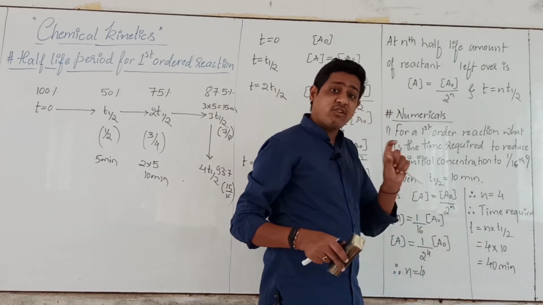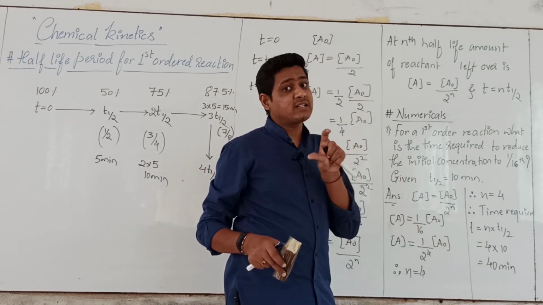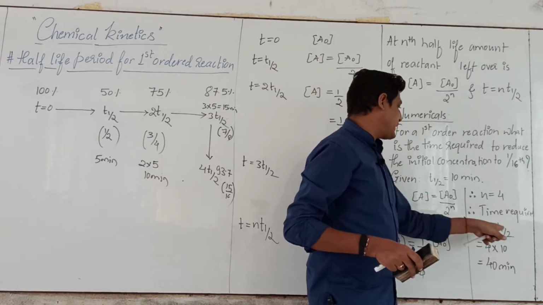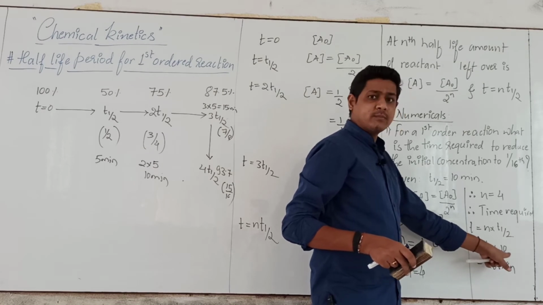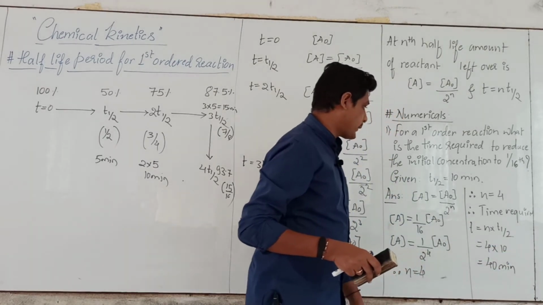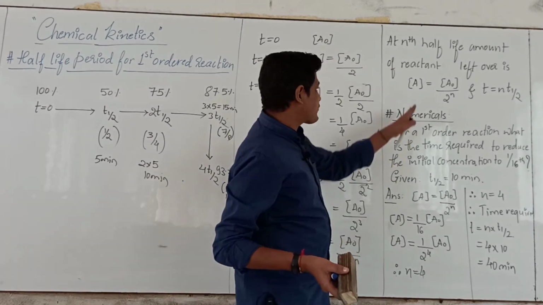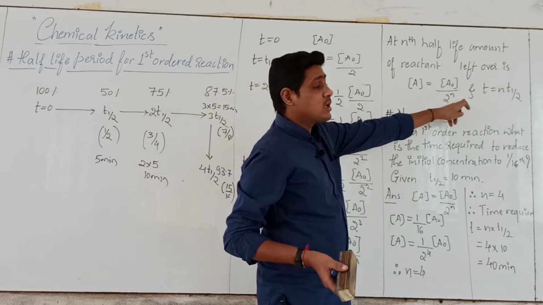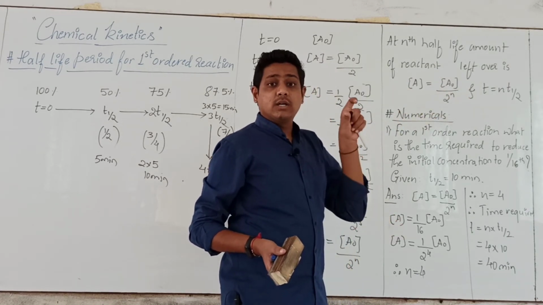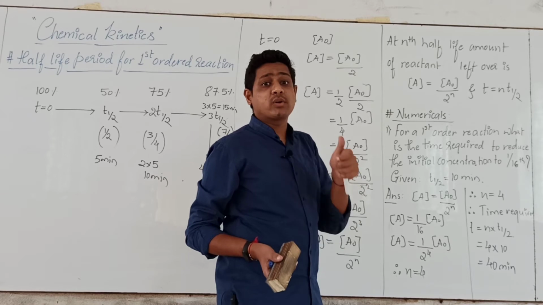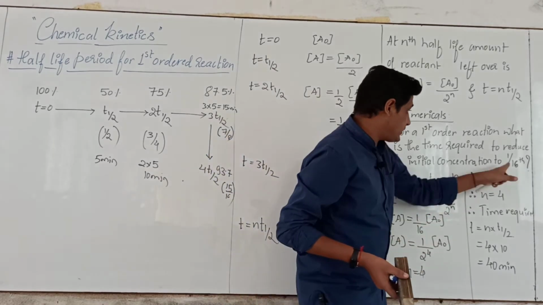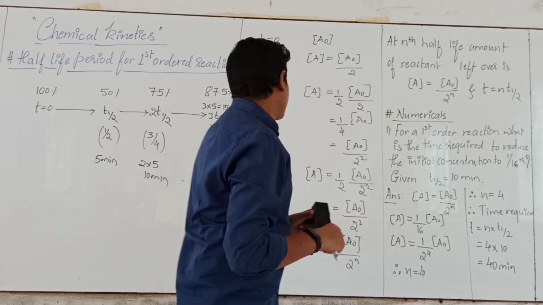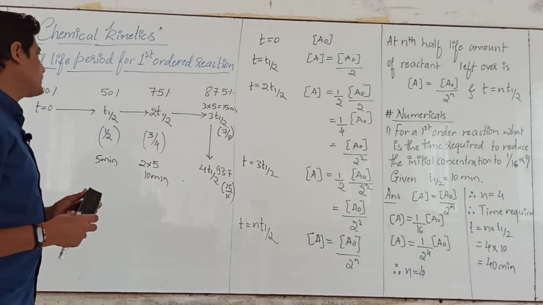So n is equal to 40 divided by the half-life, 10. So 40 divided by 10, it will be 4. When you get n is equal to 4, we apply the formula, 2 to the power 4 means 16. So at 40 minutes, the initial concentration of the reactant is reduced to 1/16. So like this, they will be twisting the questions for you. Don't forget this, very important.